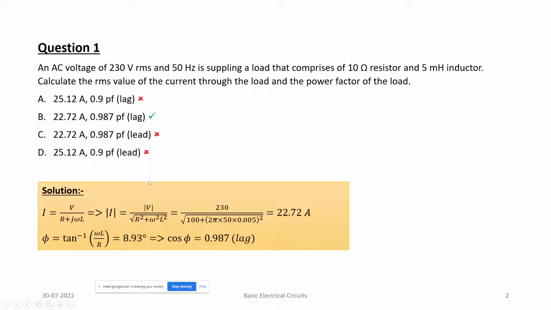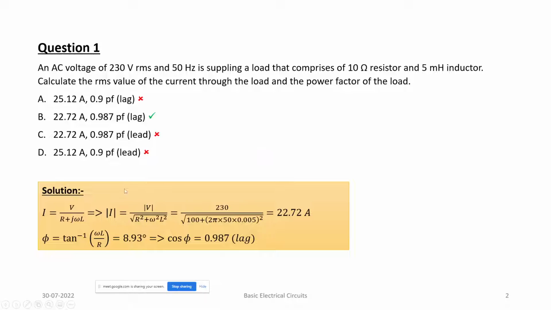Any doubt in this question? We have to calculate the RMS value of current. So I equals V by R plus j omega L. We can calculate the magnitude of I, which is the RMS, and it's 22.72 amperes. To calculate the phase difference, we take tan inverse of omega L by R, and we get cos phi equals 0.987, which is lagging.